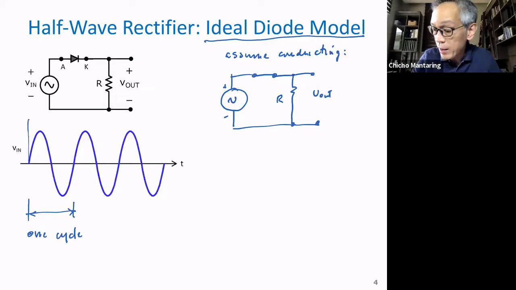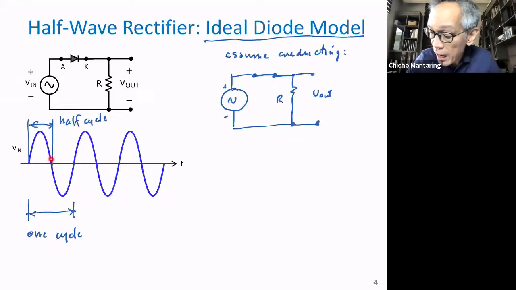And this is one half cycle. This is a half cycle. Okay, so you have positive half cycles. These are the positive half cycles. And you have negative half cycles. These are the negative half cycles.